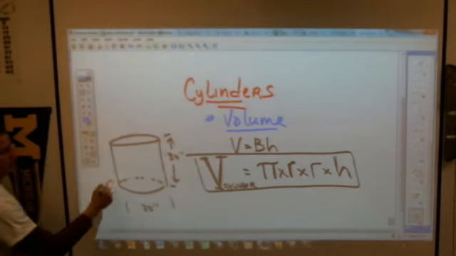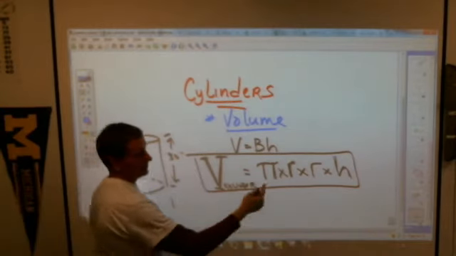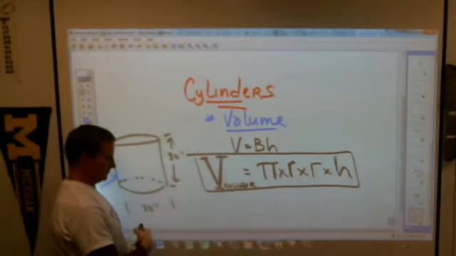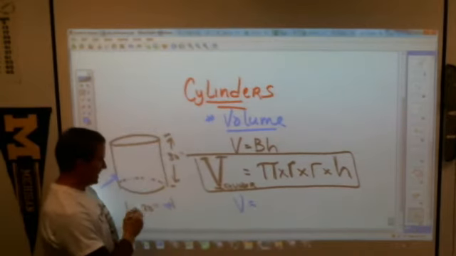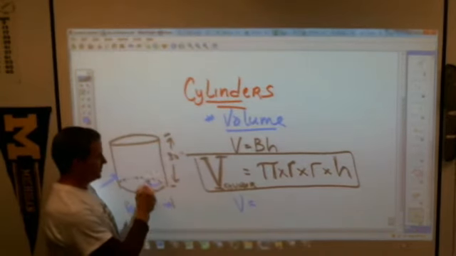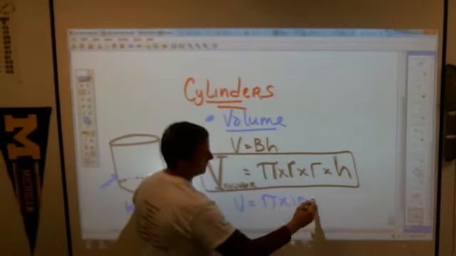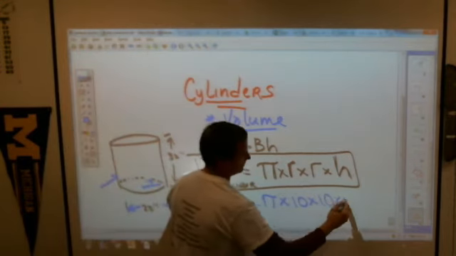So if you're looking at this cylinder, the only thing you need to know on the cylinder are 2 dimensions. You need to know its radius and its height. What's the radius of this bad boy? It is not 5. I hope it's 10. Half of the diameter. If this is the diameter, radius would go halfway, which is 10. So it's pi times 10 times 10, and then what's the height? 30.